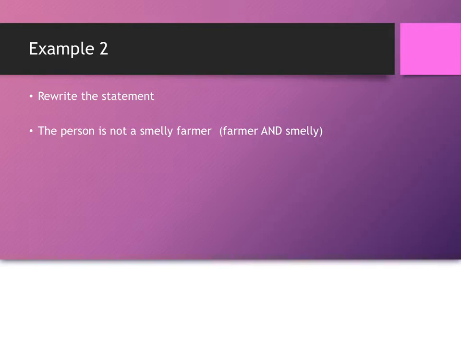So maybe a better way to understand this is to start with the original statement: the person is a smelly farmer. If we negate that, one way to write it is to say the person is not a smelly farmer. When I say smelly farmer, I mean farmer and smelly.